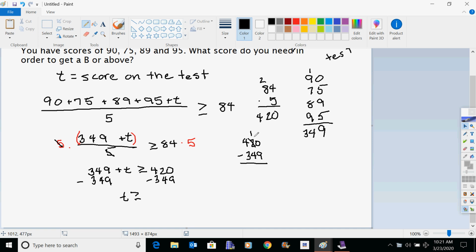We have to borrow. Don't forget about borrowing. We have to borrow again. 71. Okay, so this person needs to get at least 71%.